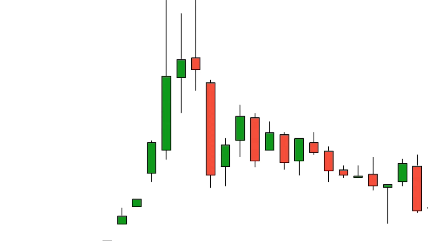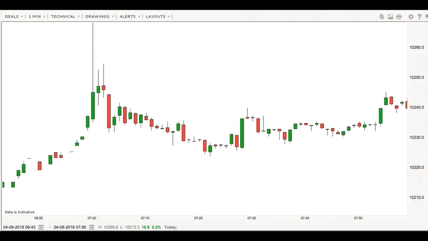Okay, so you can categorize candlesticks in lots of different ways, but one way to categorize them is to either say they're a trend bar or they're a trading range. Each candlestick represents, on this chart, a very small period of time, and in themselves, the price action within that time frame is either trending or it's in a range.